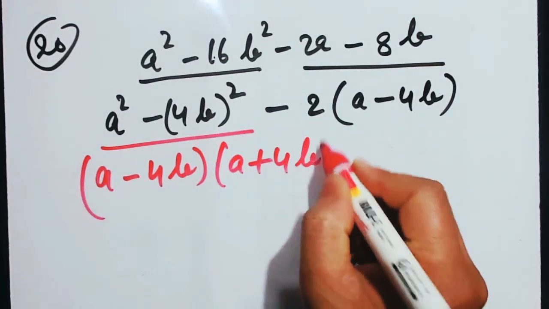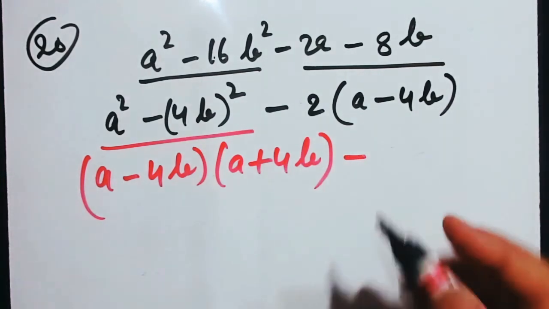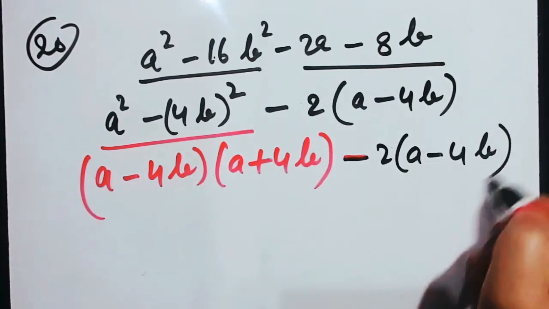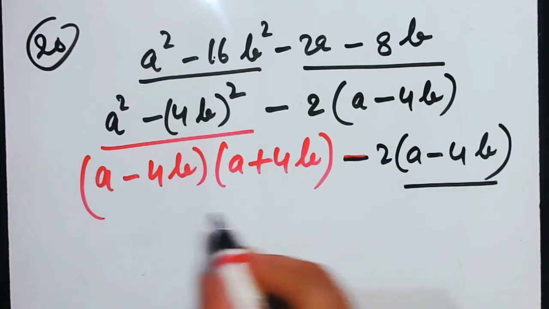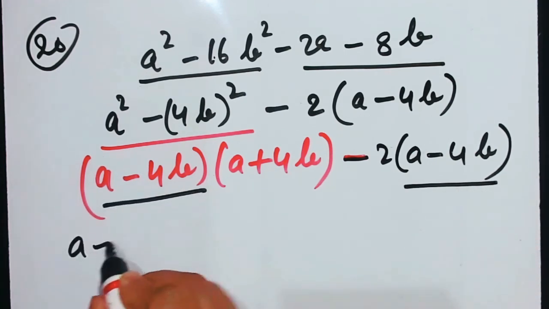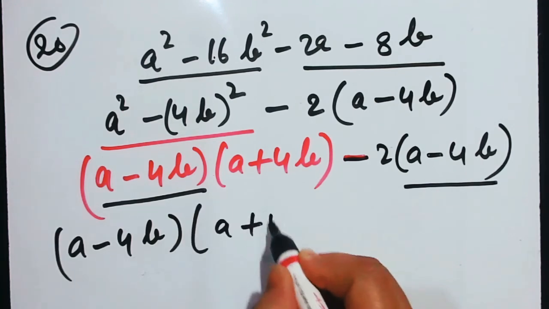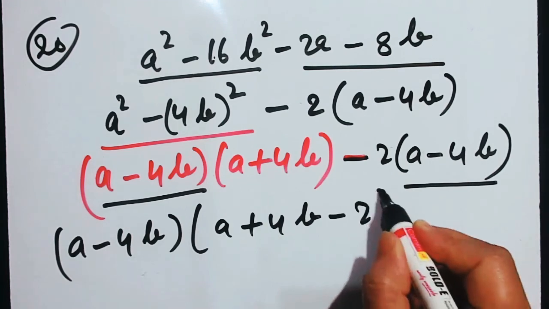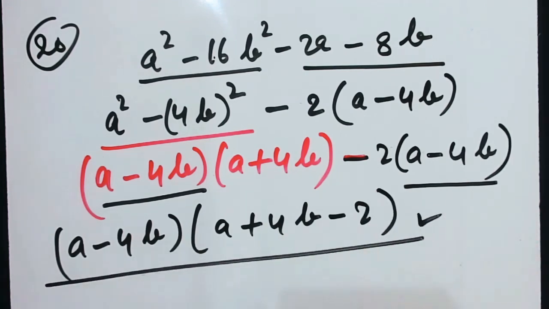While over here this minus 2 a minus 4b already exists. Therefore, on taking this a minus 4b and a minus 4b as common, what are we going to get? I'll get a plus 4b over here, and this minus 2 would remain, giving us the complete factor.